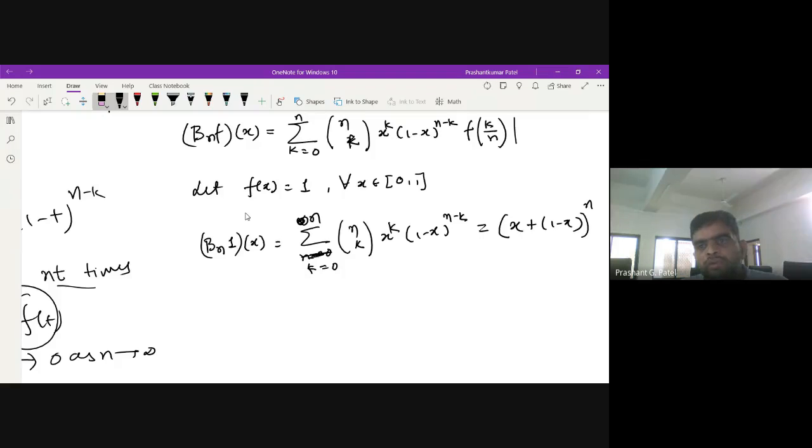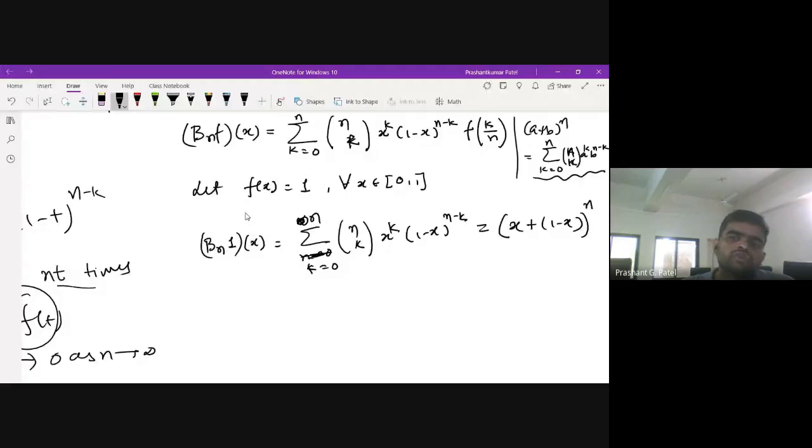So we know that the binomial expansion of (a + b)^n is the summation k running from 0 to n, nCk a^k b^(n-k). So as per this, if x is your a, and b is 1 minus x, then we will have this.